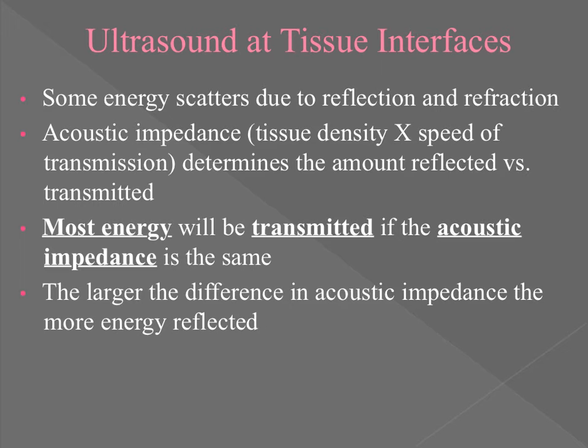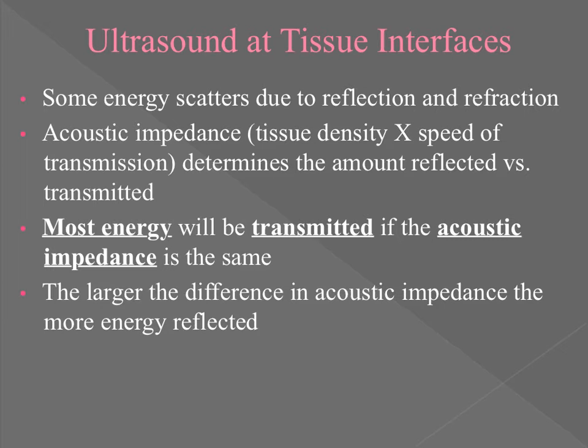Okay, so ultrasound at tissue interfaces. What we know about ultrasound is that some of that energy is going to scatter due to reflection and refraction, but then you also get acoustical impedance. And that has to do with the tissue density and the ultrasound wave changing its speed as it moves from one tissue density to another, right?